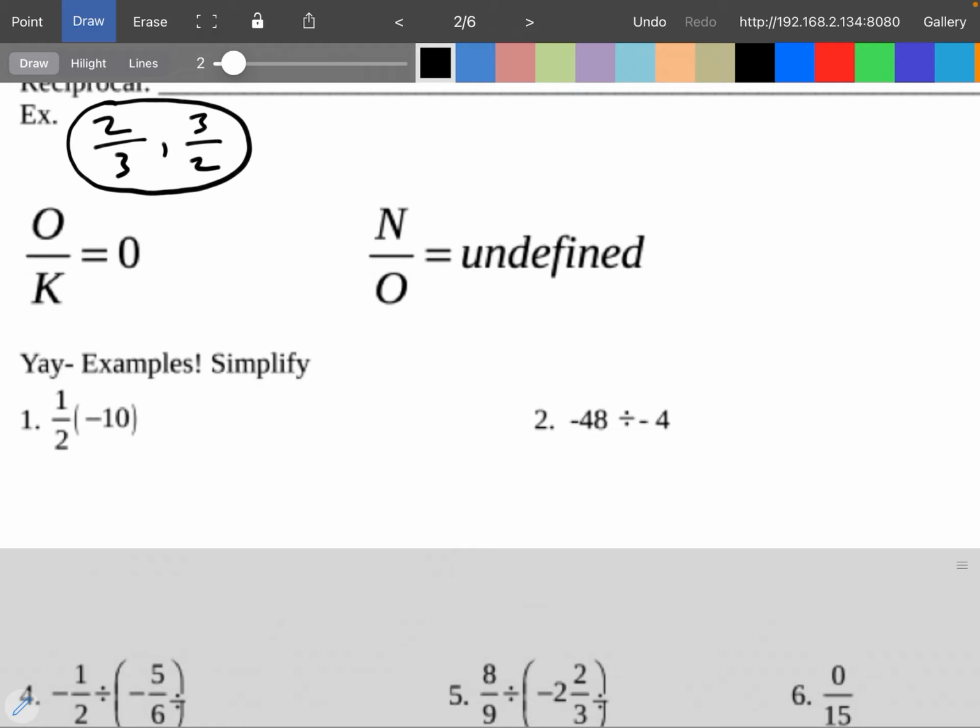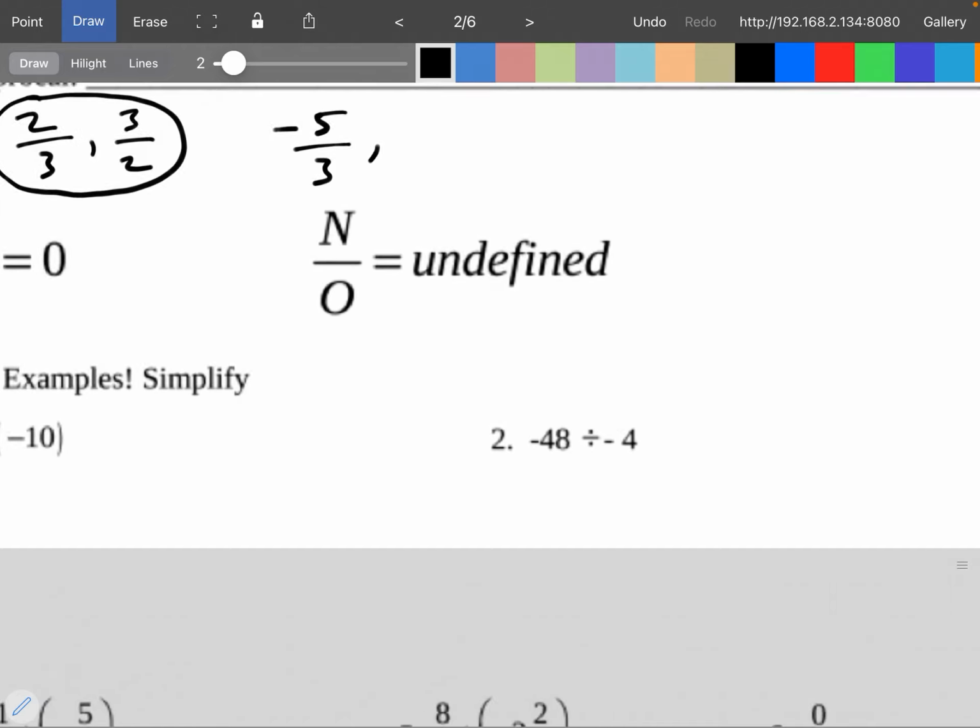So there's one example. Then if I gave you, I don't know, what should we do? If I gave you -5/3. So what would that be if you flipped it over? Yeah, Dewan? Yes, 3/-5. Now, usually though, I think I told you already that if you have a negative in a fraction, I want you to put it in the numerator, okay?